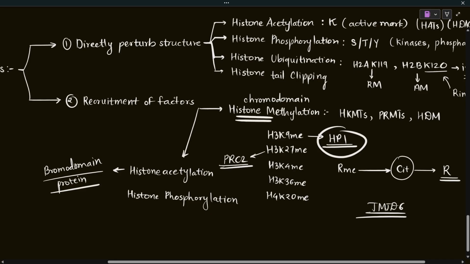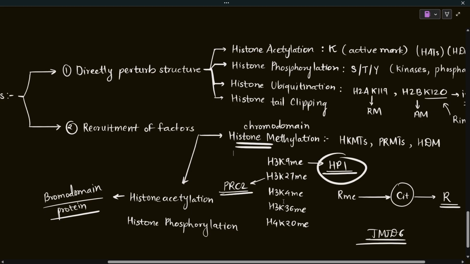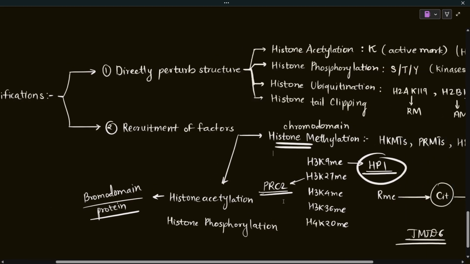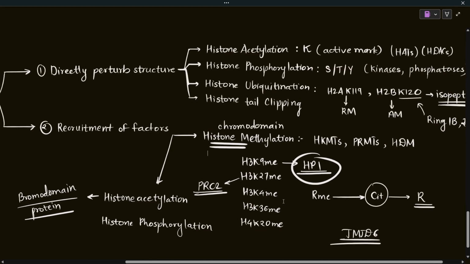So this is how histone acetylation and phosphorylation can work through both modes of functioning. With this we conclude the histone modification part, and this was a summary of what we have learned.